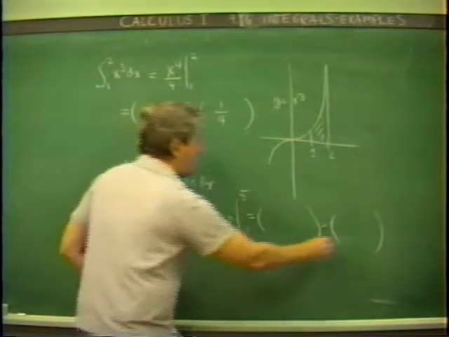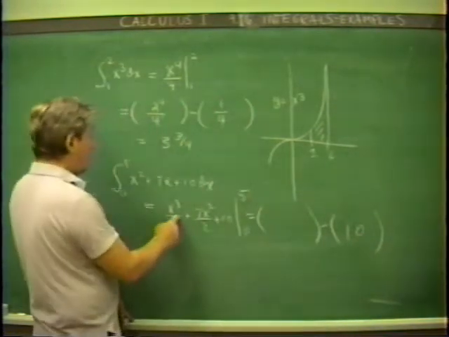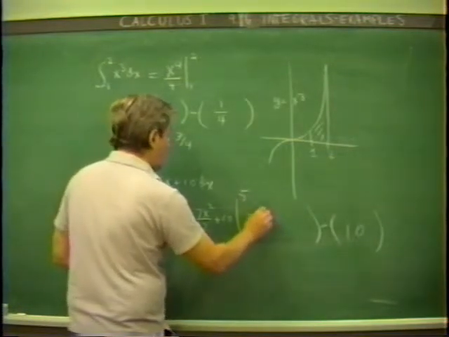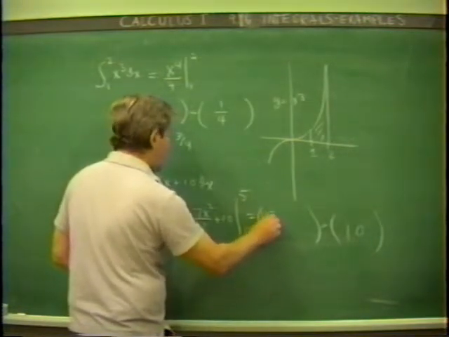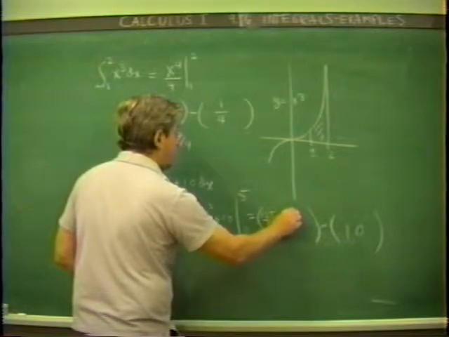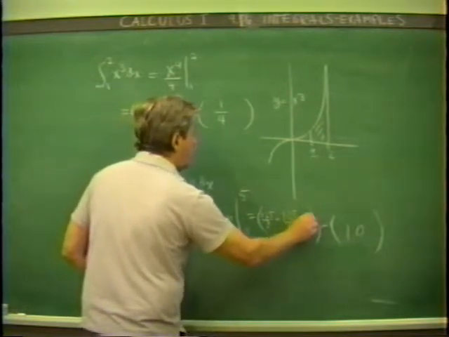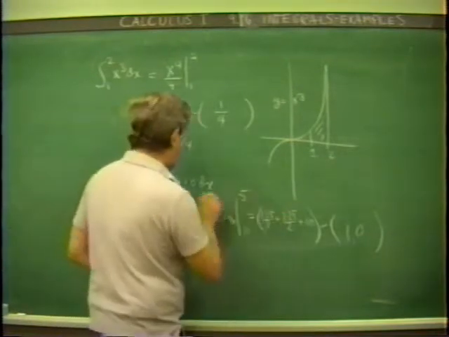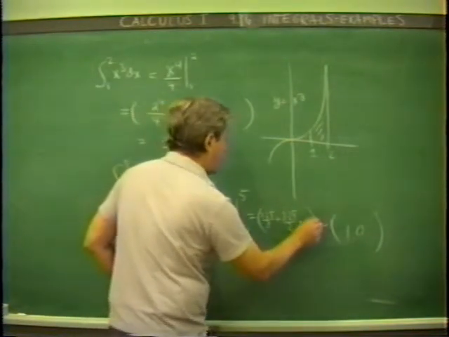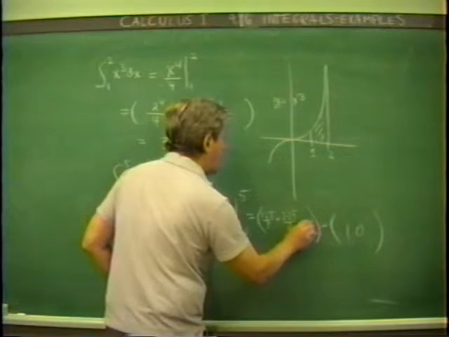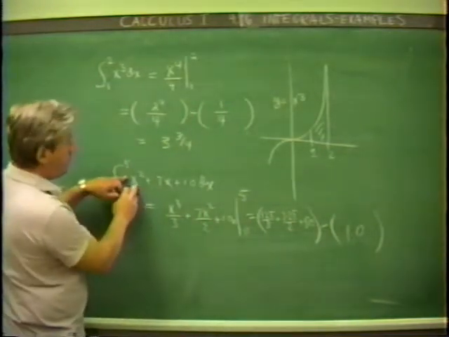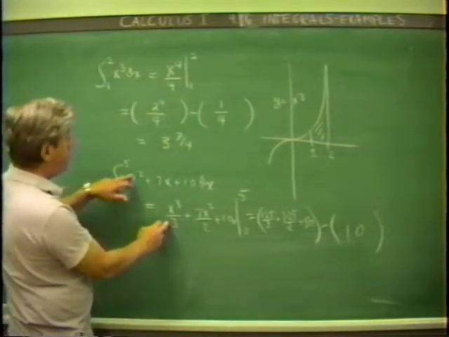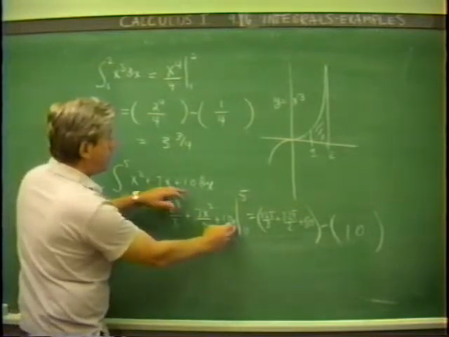You want to evaluate this from 0 to 5. That's to say you take the value at 5 and subtract the value at 0. The value at 0 is 10. The value at 5 is 125 over 3 plus 7 times 25 over 2 plus 10.